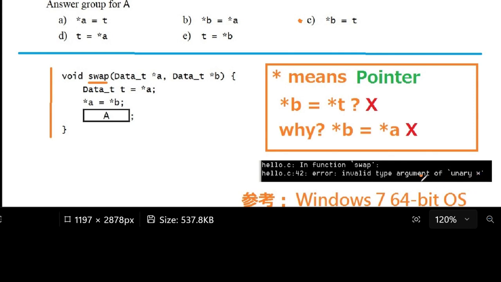So it's an invalid type, and that's why I ended up choosing this one, because first also there was no asterisk b equals asterisk t at all in this set of choices. And like what I said a while ago, if there's also that possibility, then what could be the result? And it turns out that you'll get an unary asterisk for doing that.